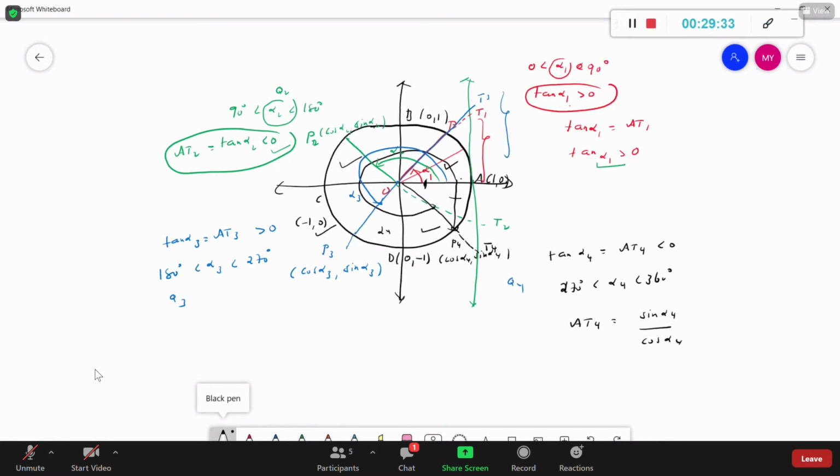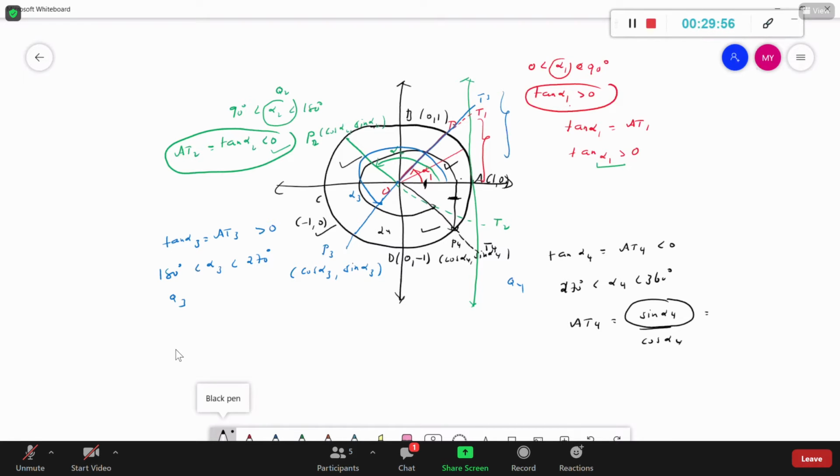So, won't it be minus sin alpha 4? No, sin alpha 4 will be negative. Don't put minus. Sin alpha 4 is always negative in this length. If you put minus into minus it will become plus, so don't do that.